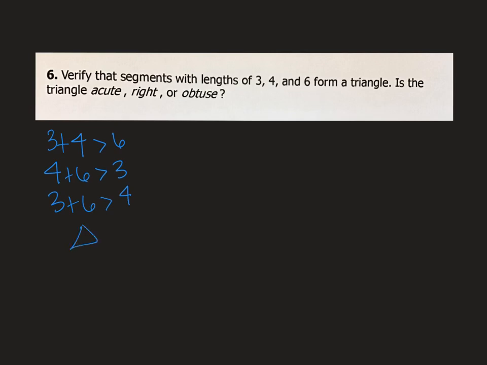Now we just have to figure out, is it an acute triangle, a right triangle, or an obtuse triangle? So your bigger side has to be your C value. So that's going to be 6. 3 and 4 are going to be A and B. So 3 squared plus 4 squared. And then we got to figure out how it compares to 6 squared. So 3 squared is 9. 4 squared is 16. 6 squared is 36.